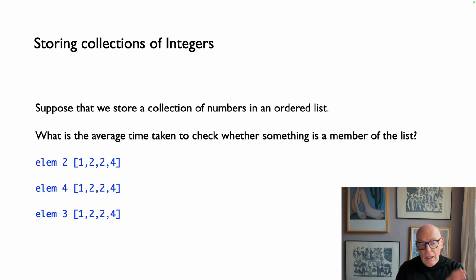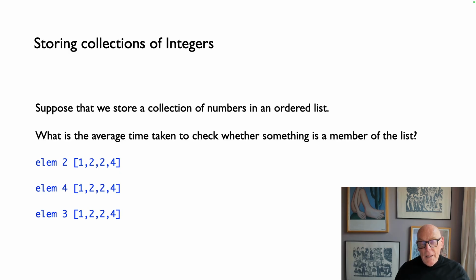So it allows us to conclude that something is not a member without examining the whole list, whereas in the unordered case, we had to examine the whole list. We couldn't predict in advance where 3 would occur, if it occurred at all. So this gives us some sort of speed up, but in fact, it's still linear.